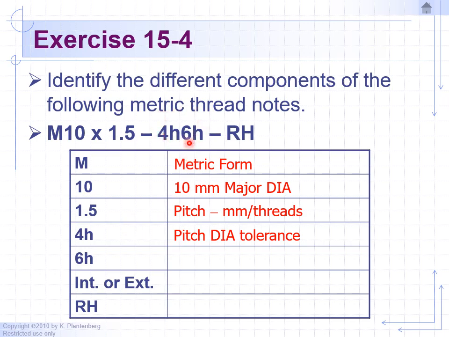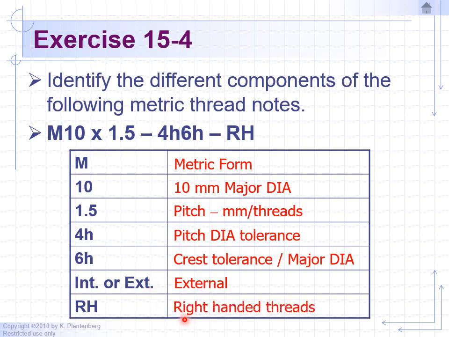And again, the 4H and 6H will indicate the tolerance being used. So for the pitch diameter tolerance, we have to look up 4H on the table in the back of your textbook. Same thing with the 6H for the crest tolerance and major diameter. And internal or external thread. And finally, if we're dealing with right-handed or left-handed threads.